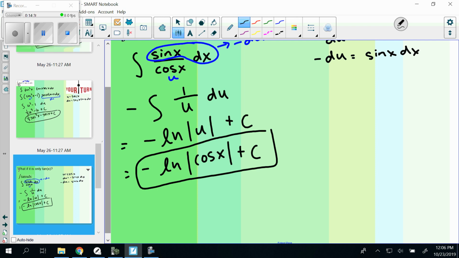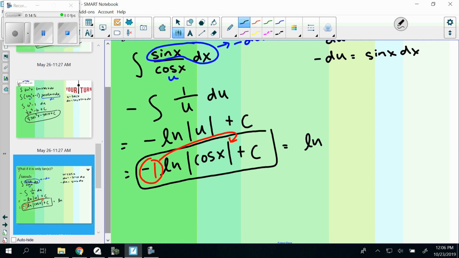One other way you could see this answer written, though: remember, if you have numbers in front of the logarithm, in this case it's like a negative 1 here, remember there are log properties that say you can take that and bring it up as an exponent. So what would this end up equaling if we did that?